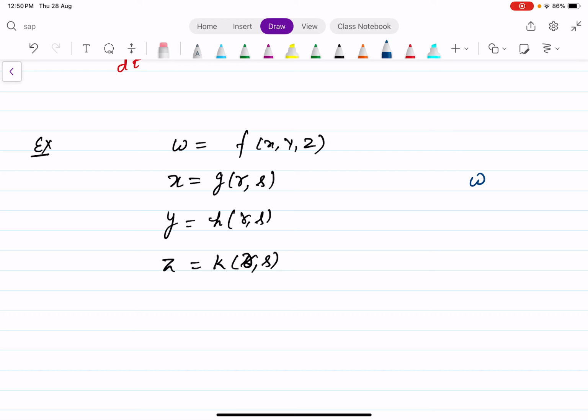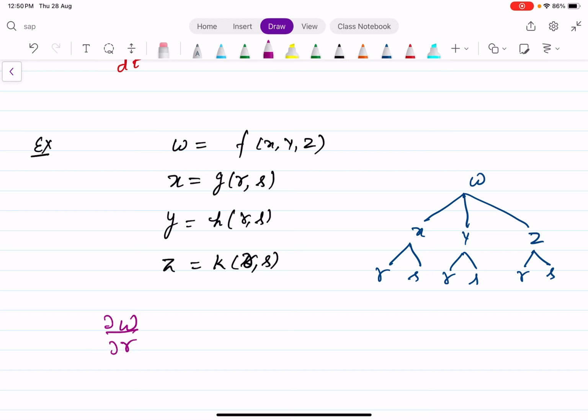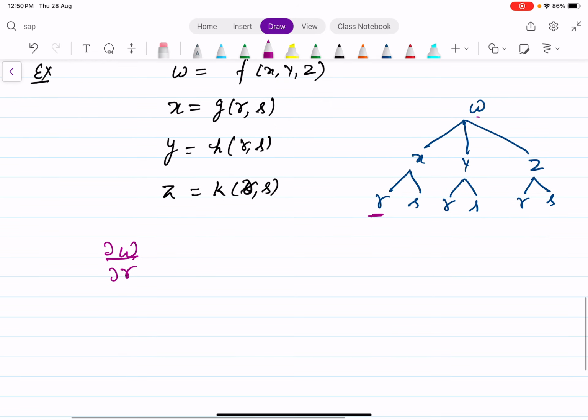So we can understand it with this diagram. w is a function of x, y and z. x is again a function of r, s, y is again a function of r, s and z is again a function of r, s. So whenever we want to differentiate w with respect to r, what is the procedure? How to move?